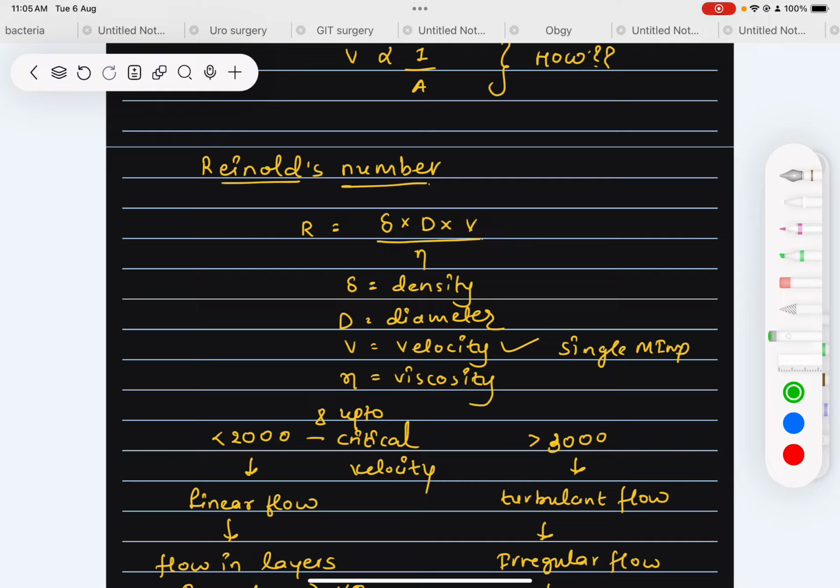So first, Ohm's law, that is I is equal to V upon R. Then we derived the blood flow, that is delta P upon R. Then we derived that R is equal to delta P upon Q. That is actually mmHg upon milliliter per second.